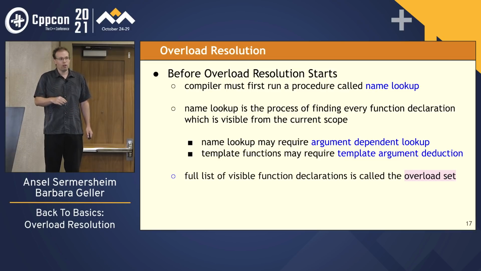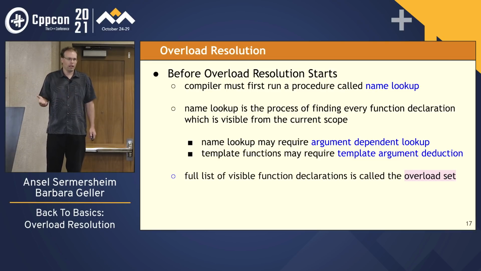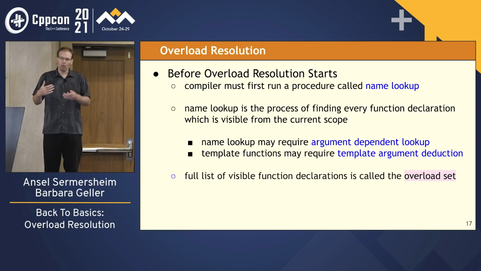It may also involve argument-dependent lookup, which means if you're calling my function, and one of the arguments you're passing to it is an std string, it will look in the namespace std for my function, even though you didn't qualify that or import that namespace. So the list of namespaces that name lookup will cover can be quite large.